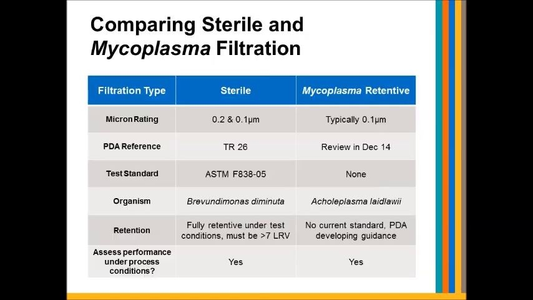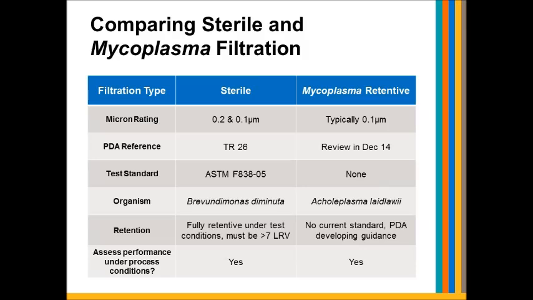So really, when you compare sterile filtration and mycoplasma filtration, the real differentiator is sterile filtration tends to be 0.2 or 0.22 microns, whereas mycoplasma is using a 0.1 micron filter. There's obviously a known technical report 26 guideline for sterile filtration in general, and there will be a guideline now finally coming out for 0.1 micron.